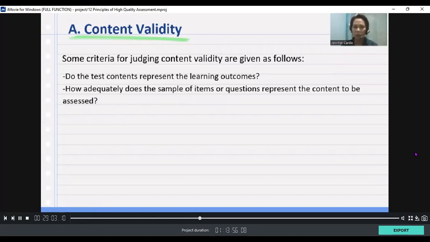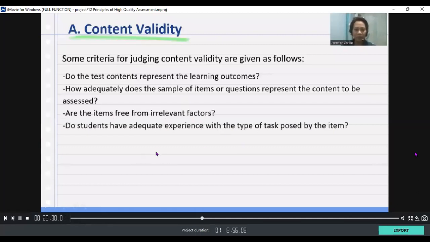And how to establish adequacy sa atong test? Maghimo tag table of specification, which will be our next topic next week. So next, are the items free from irrelevant factors? Okay, so katong mga useless na mga statements, ayaw na siya i-apil.